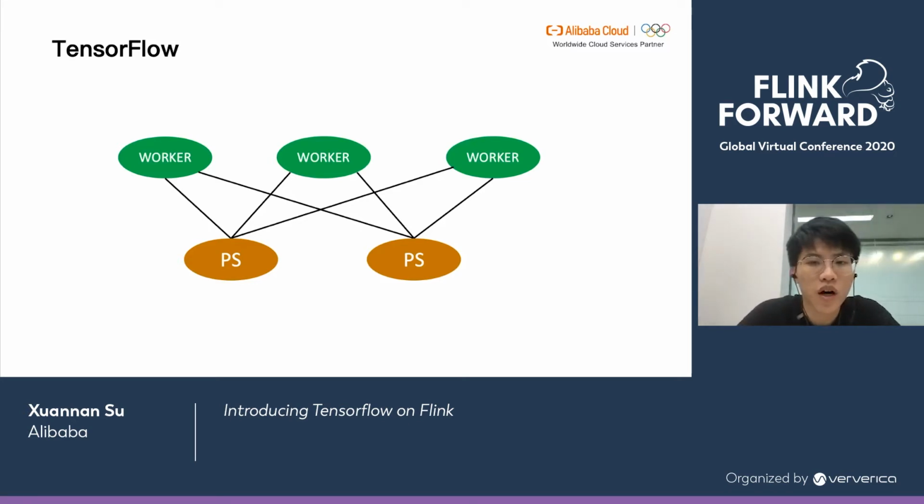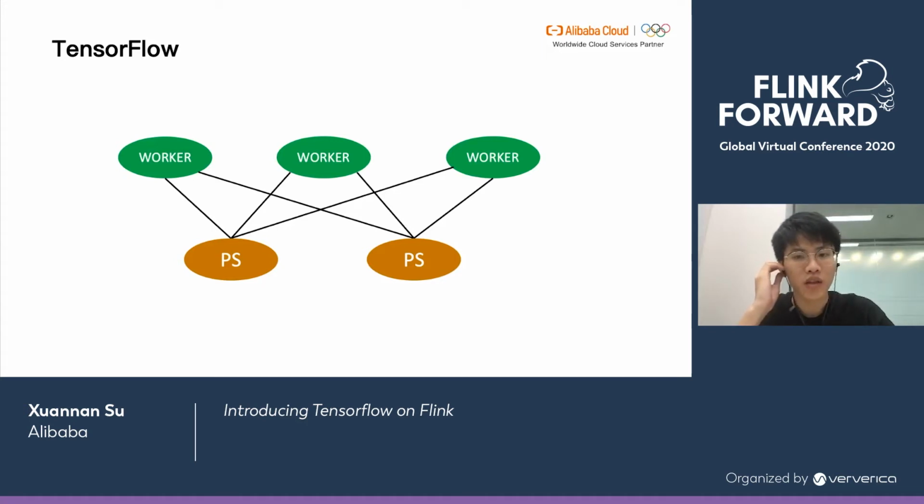In this setup, some nodes are designated as workers, while others are designated as parameter servers, shown as the PS nodes in the graph. The worker nodes are the nodes that do the actual computation of the machine learning algorithm.